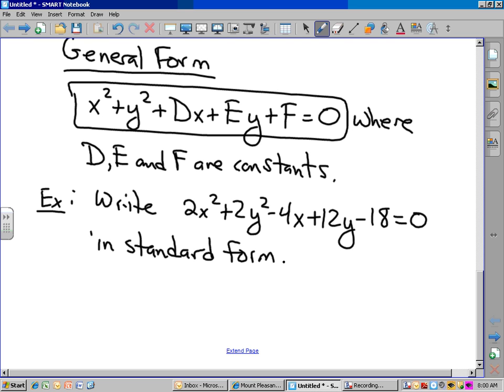So we are given the general form of a circle, or at least as close as we can get. At this point in time, it's pretty close.